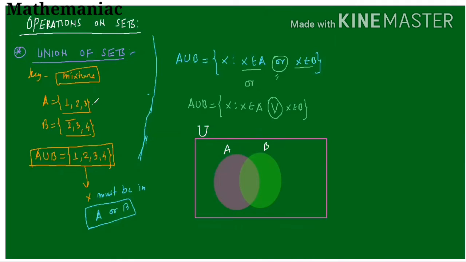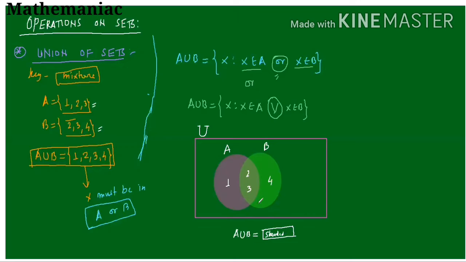Now, if I consider only these cases and I would like to represent it by a Venn diagram, I'll first fill up the common elements and then the rest of the elements here. So now my Venn diagram is complete. This Venn diagram represents A union B. This means which particular part? The shaded area, right?